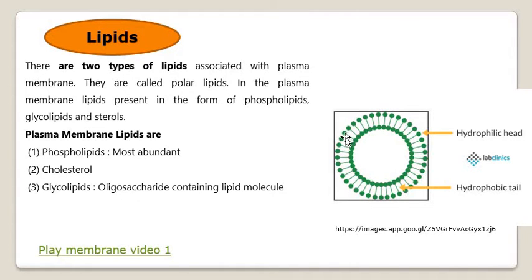But the tail portion of each lipid molecule is hydrophobic, water hating. So this hydrophobic tail portion comes to the center or core, and it forms a hydrophobic core. So the lipid bilayer is hydrophilic on either side, that is on the external as well as on the internal side, and the internal core of the lipid bilayer or plasma membrane is hydrophobic.